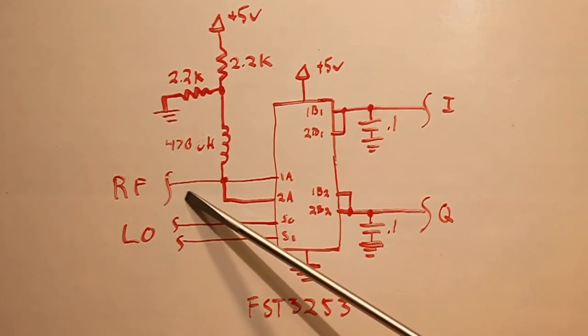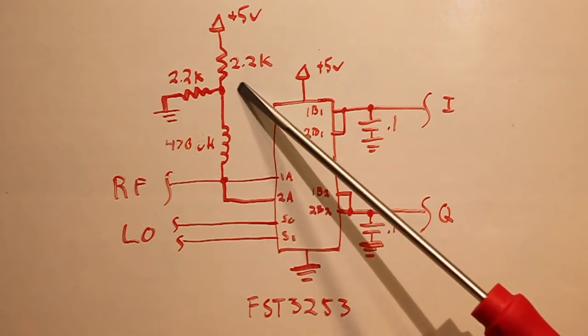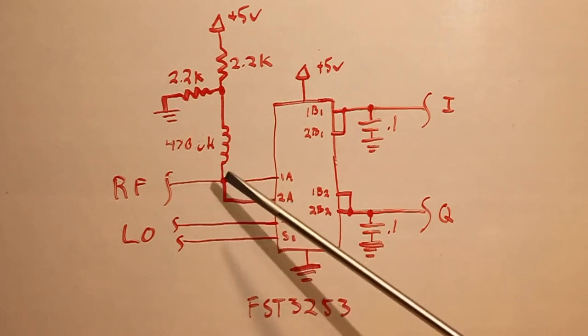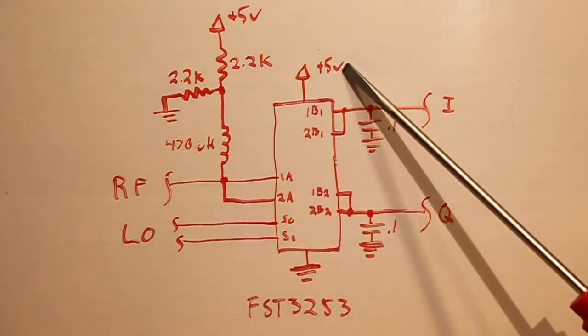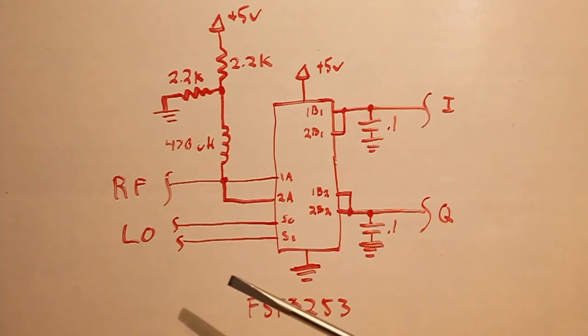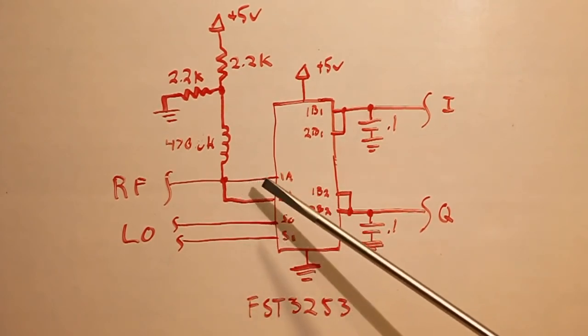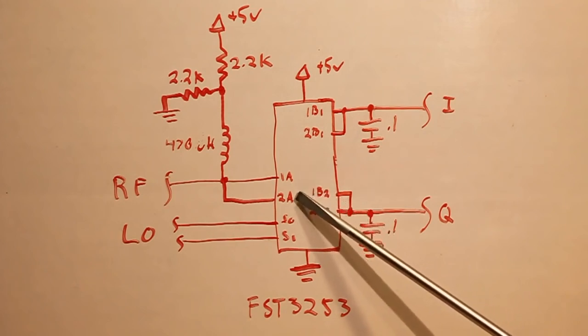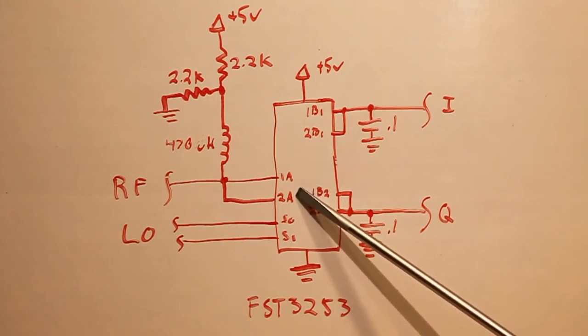And the RF input is biased to half rail. And that's just so that we can get the maximum voltage swing on the RF input here, because this is a single supply design. Now, the RF input, you'll notice, is actually applied to the inputs of both of the 4-to-1 multiplexers on this chip.